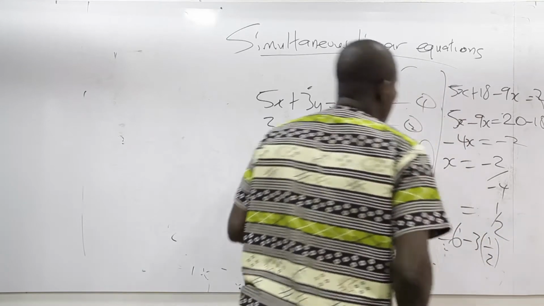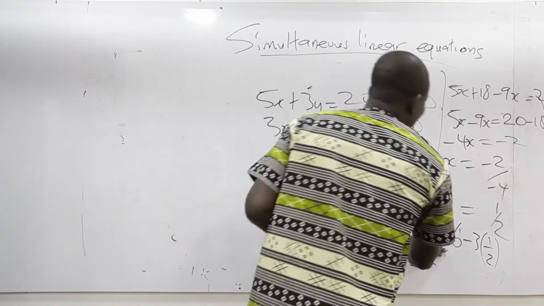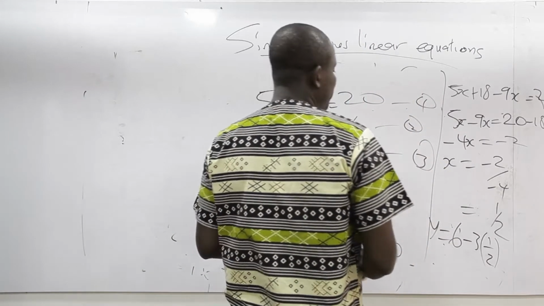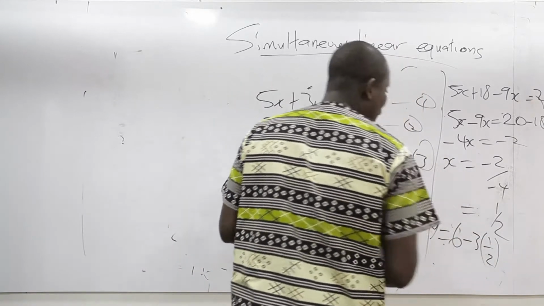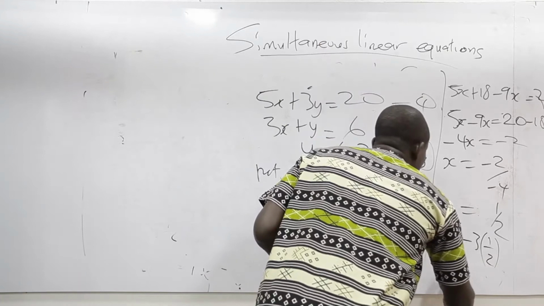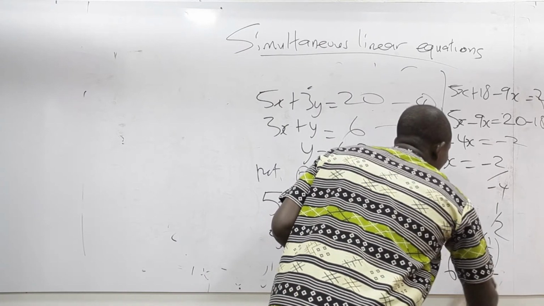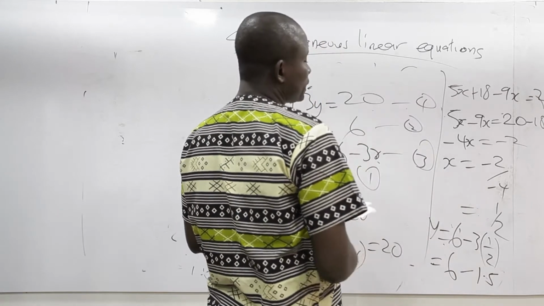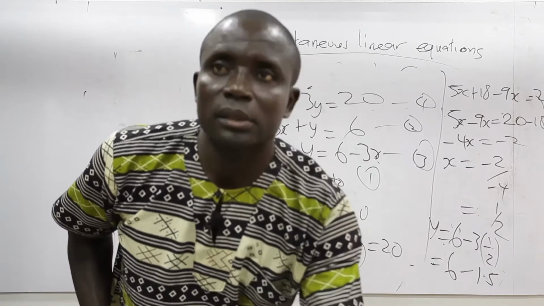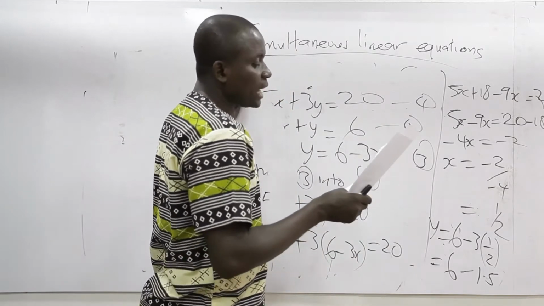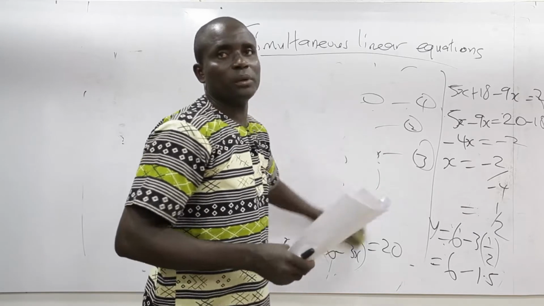So when you work it out, half of this is going to be 6 minus 1.5, because you are multiplying 3 by that, and that will be 4.5. That will be 4.5.